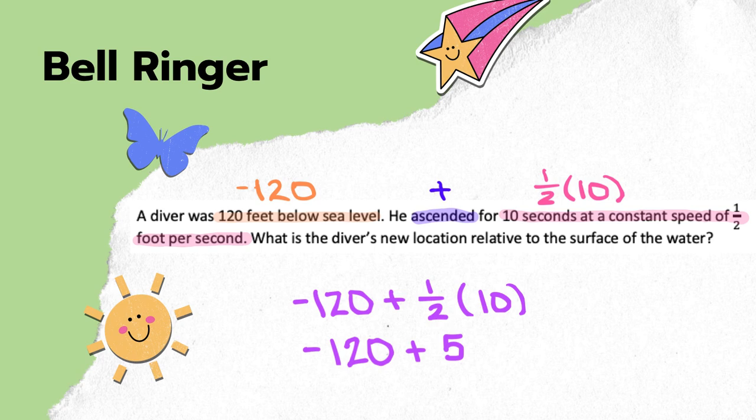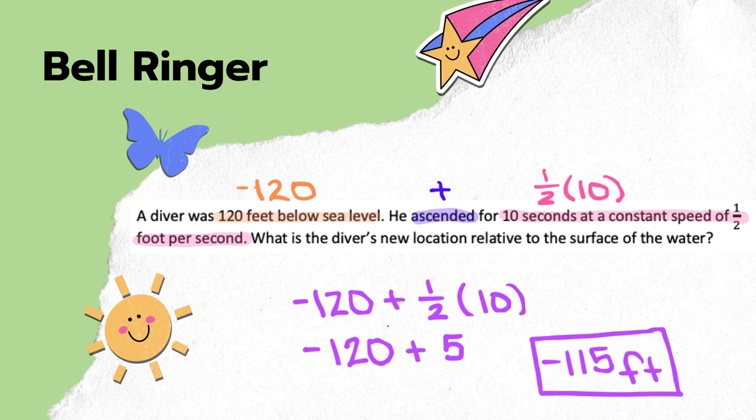Noel? Negative 115. -115 feet. Explain that to me, but do not use the word negative. Kate? 115 feet below sea level.